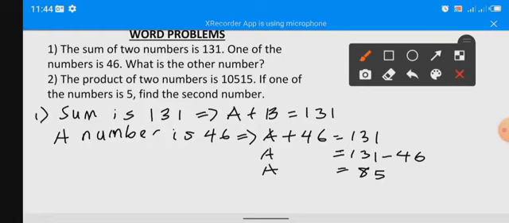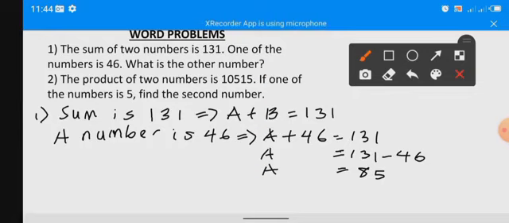Word problems could involve multiple operations. That is, it could involve addition and subtraction, multiplication and division, multiplication and subtraction, or multiplication and addition in any order. Okay, now let's begin.